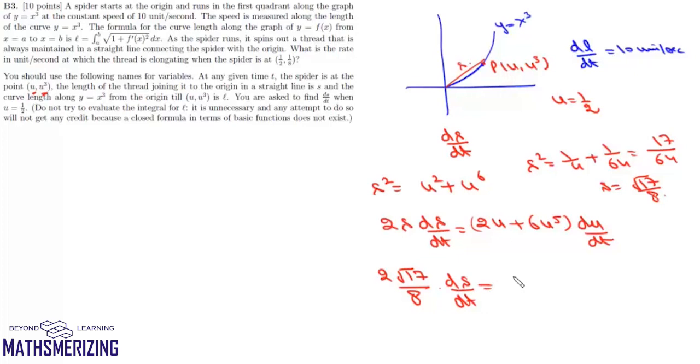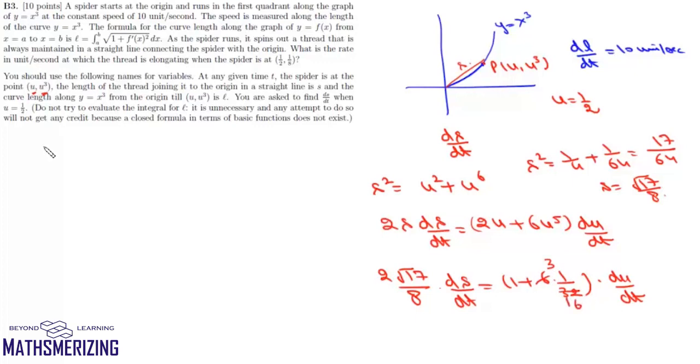ds by dt, and it will be equal to 2u. So it will be 2 into 1 by 2, which is 1, plus 6, and u to the power 5 is 1 by 32 into du by dt. Now this value, this is 3 and this is 16.